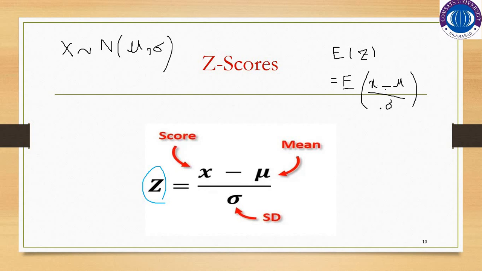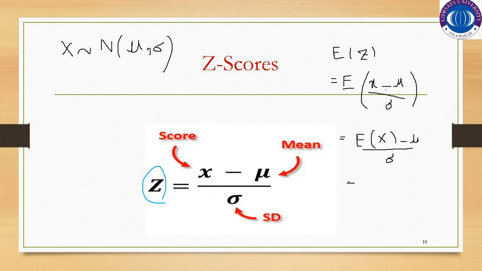As the expectation is applied to the variable, and mu and sigma are constants, it is the expected value of x minus mu, divided by sigma. The expected value of x is the mean of the variable, which is mu.